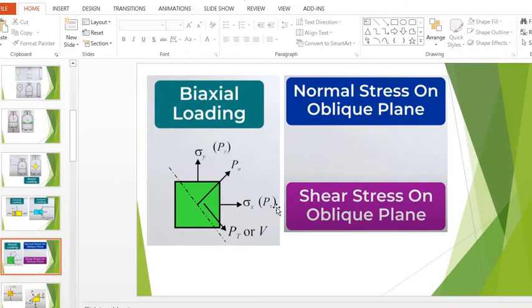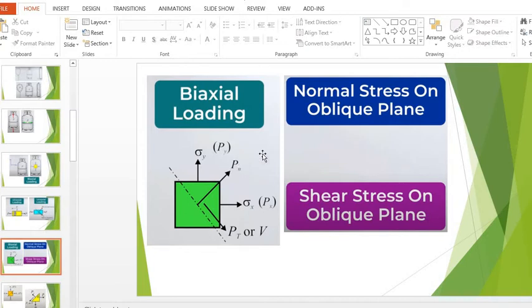So due to load Px and load Py, we will get this normal load, that is Pn, and the tangential load, that is Pt, right? This is the tangential load and this is the normal load, right?